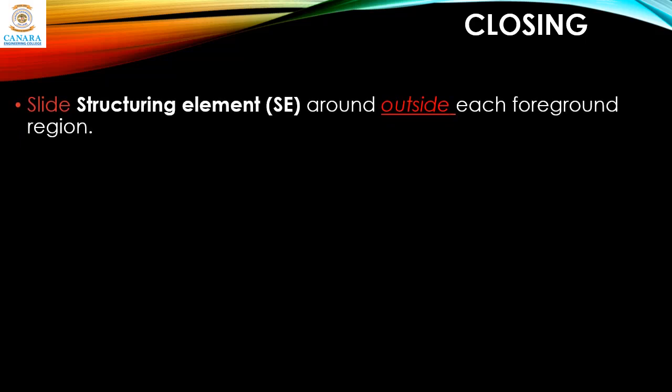Here the input is a binary image and a structuring element containing only ones. Closing is performed in a similar way to that of opening, but instead of inside, we slide the structuring element outside each foreground region.